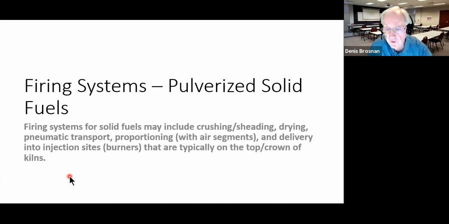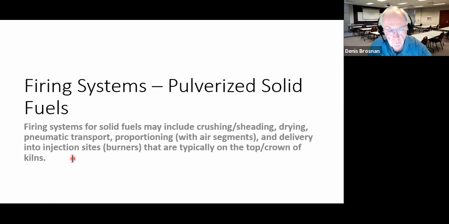That proportioning device is going to insert it into air segments that are blown into the roof of the kiln. So pneumatic transport is typically what's used. The fuel is transported to the top of the kiln, and then the solid fuel particles drop down into the kiln enclosure. They fall by gravity and ignite.